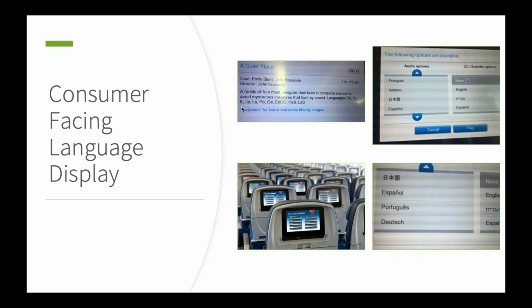It's a little bit small, but you can see there's IT, JP, LS, PO. Mind you, I had already been working with language codes and metadata terminology for years. I'm like, what the heck is PO? Is it Polish? Is it Portuguese? When I dug down a little further, I found out that PO did in fact stand for Portuguese because there was no Polish in the offering.